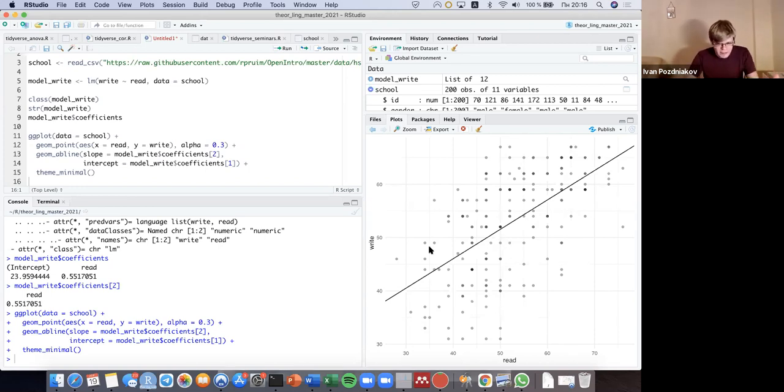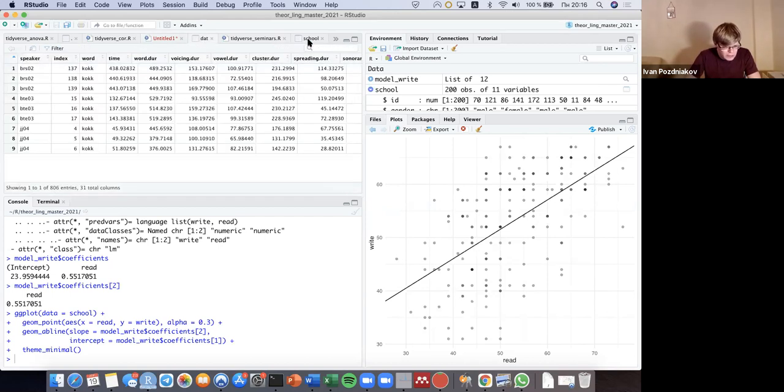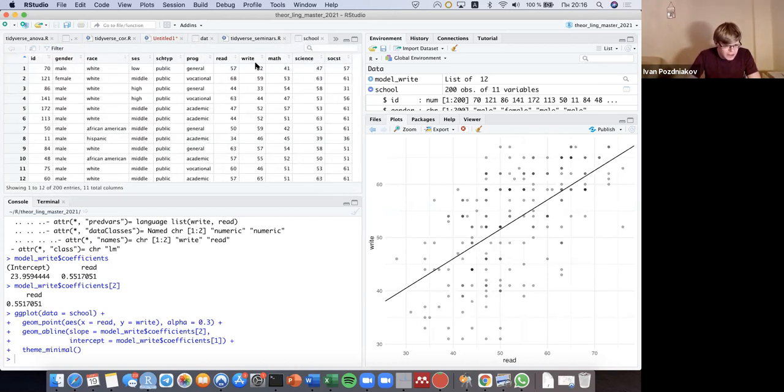And you can easily imagine that with all these variables that you recorded, you will never explain everything in your data, because every data point here is an individual, a very complicated person with his own intentions, problems, family situation, environment, and so on.